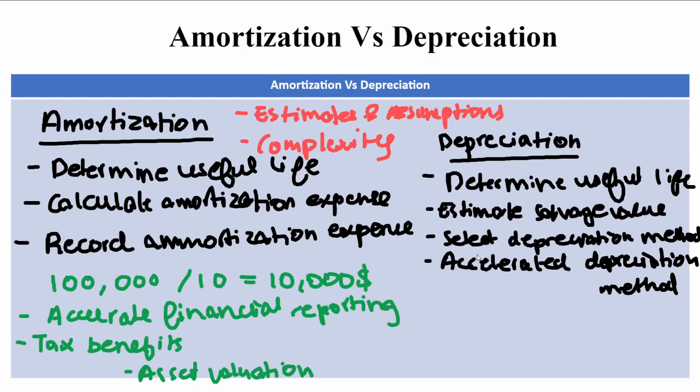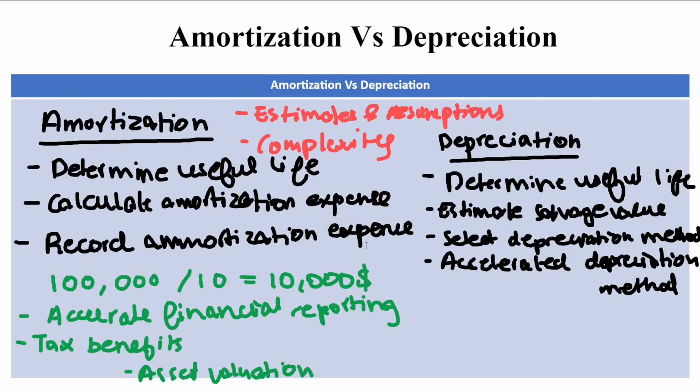For example, double declining balance method. Now this applies a fixed depreciation rate to the asset's book value each year. And then we have sum of the years digit method, which allocates depreciation based on a declining fraction of the asset's depreciable cost. All right.